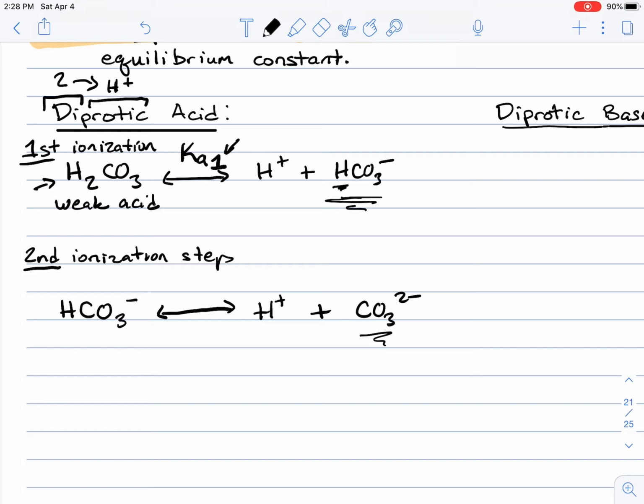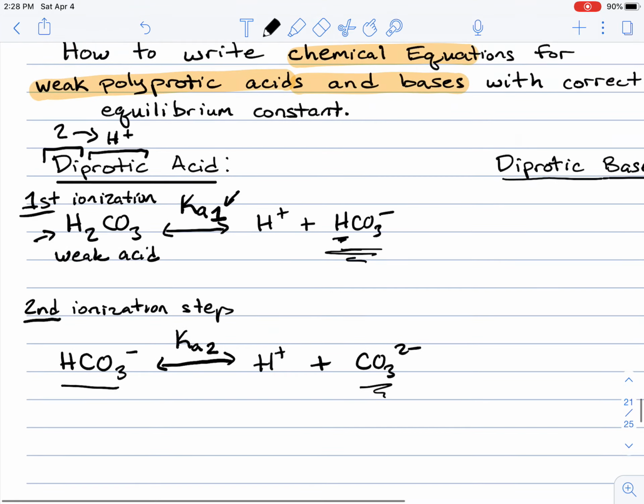And when we have bicarbonate and we're ionizing it a second time, the equilibrium constant is represented as Ka2, for the second ionization step. All right, so that's pretty much it for writing the chemical equations for a weak diprotic acid.